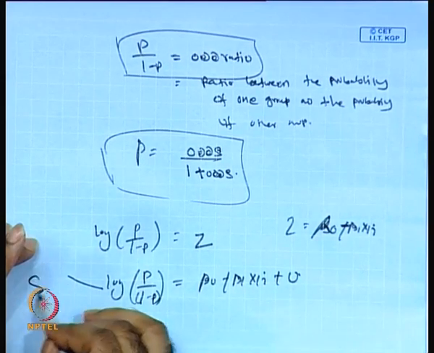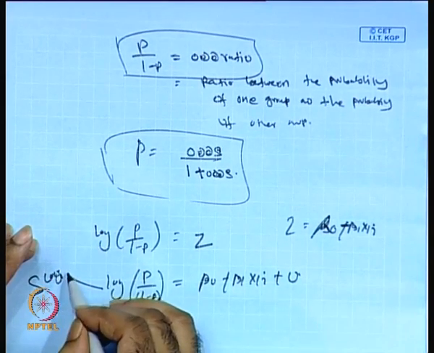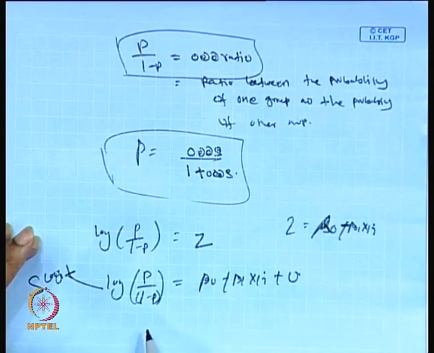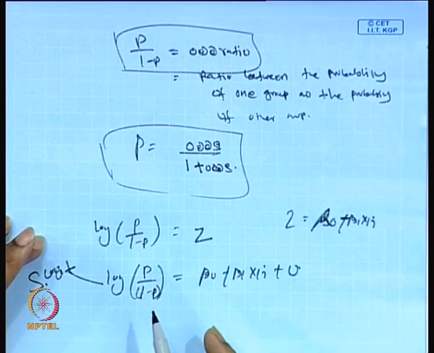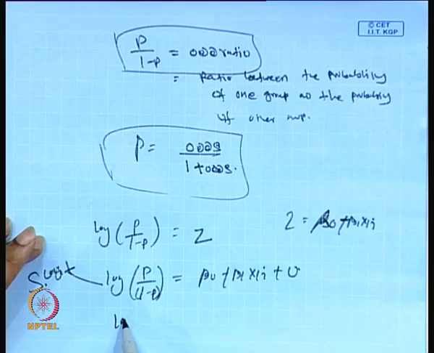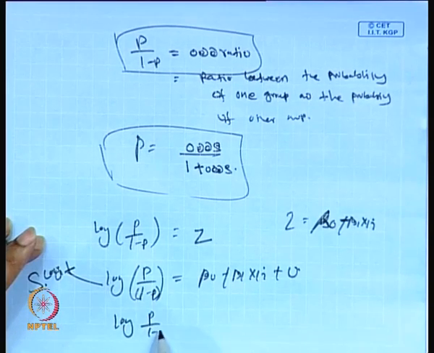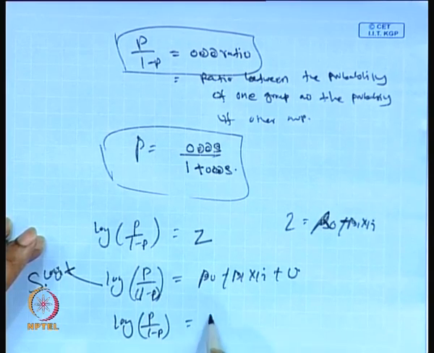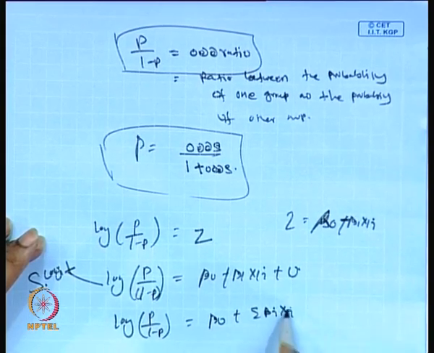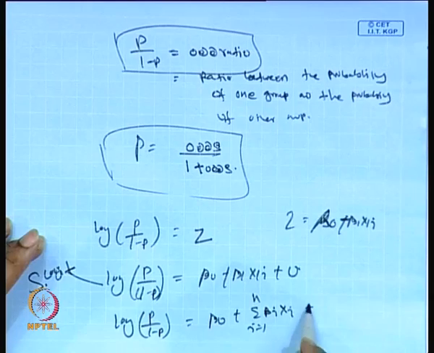This is the simple logit model. When we go for multivariate logistic models, the function will be log of p by 1 minus p equal to beta 0 plus the summation of beta i into x i, i equal to 1 to n, plus u i.